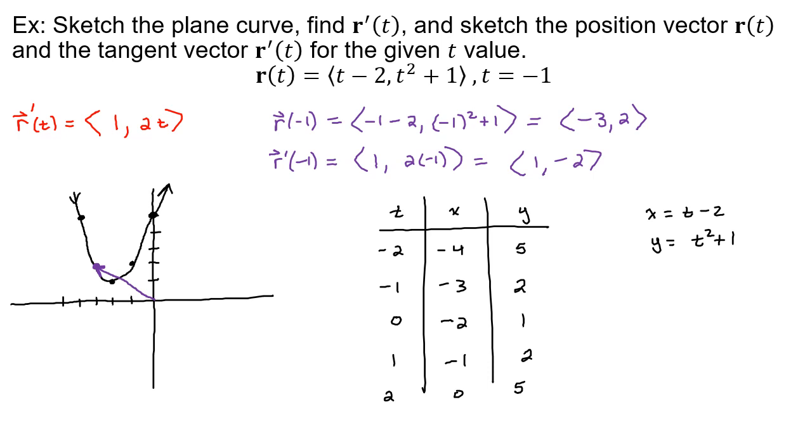The r prime at -1, since it's technically a derivative, you would think it would be like a tangent line. And you would be basically right. It would go from that point, and you kind of treat this like a slope. The -2 is in the y-coordinate, the 1 is in the x-coordinate, so I could treat it as I'm going down 2 and over 1.